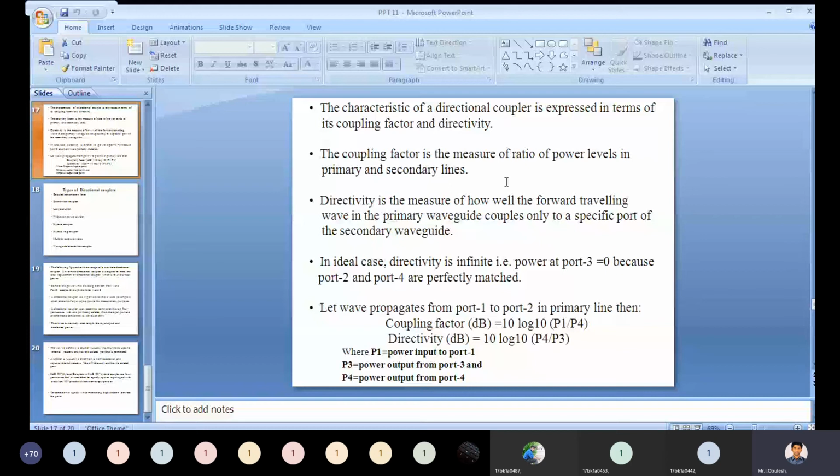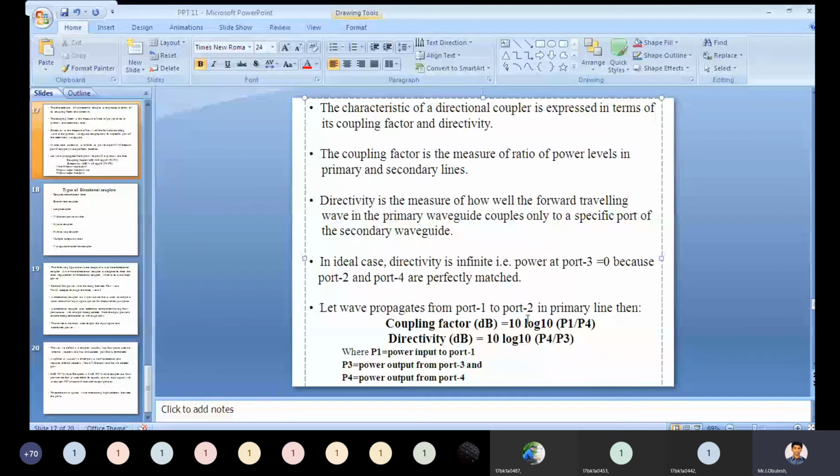What is the coupling factor? The coupling factor in decibels is equal to 10 log10 of P1 divided by P4.